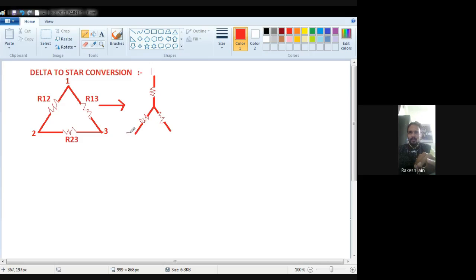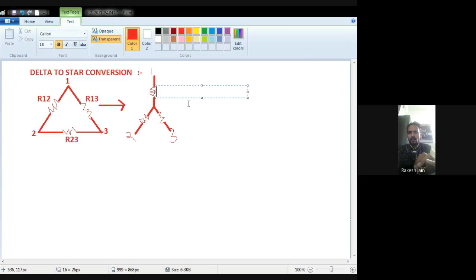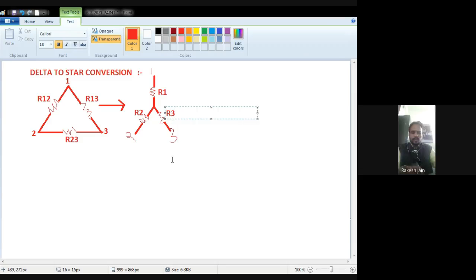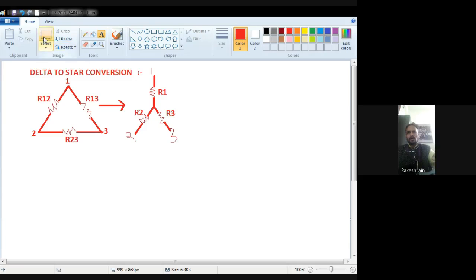Okay, so the point should be same. The first, this is your second, and this is your third point, third node. Okay, and the name of the resistance here, because it is connected at first node, it is R1, because it is connected at second node, it will be R2, and if it is connected to third node, it is R3.